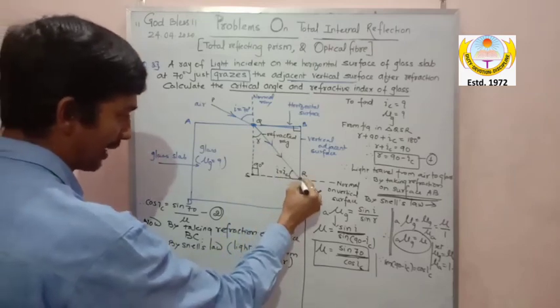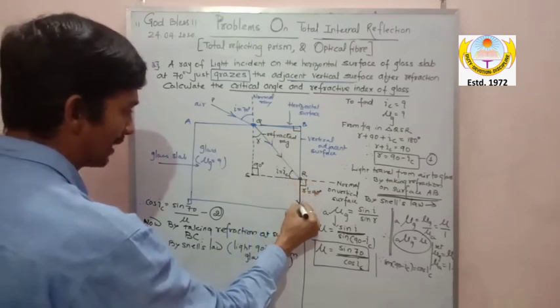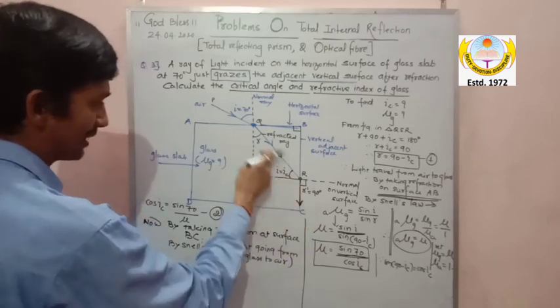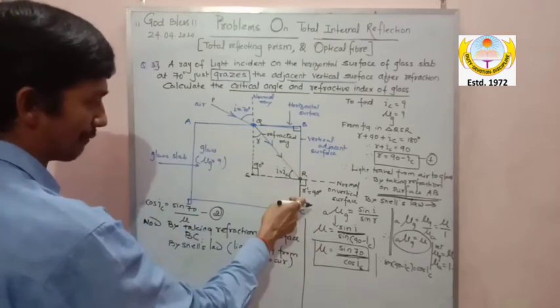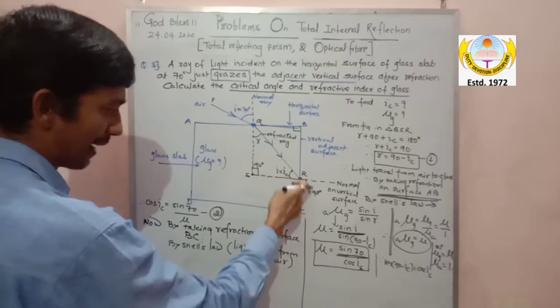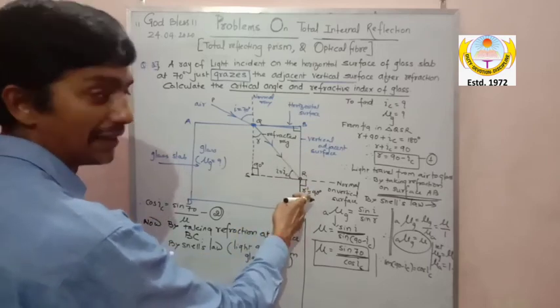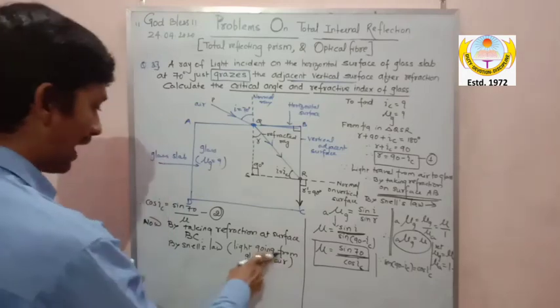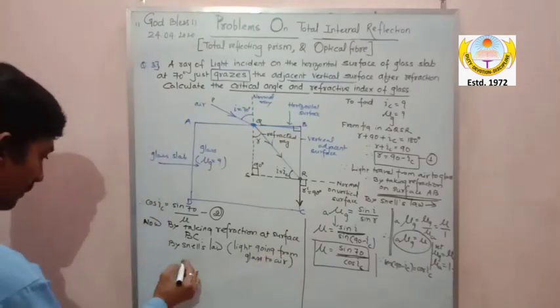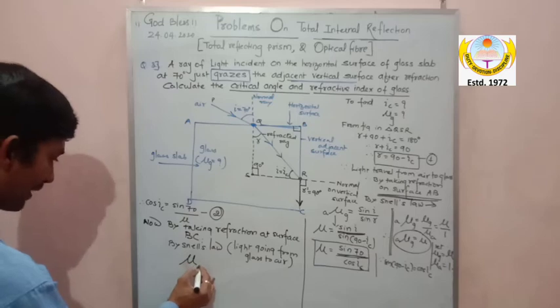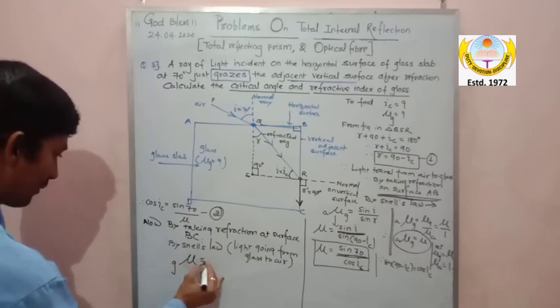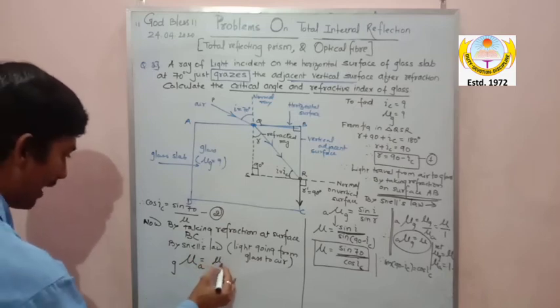This refraction is glass to air. I have told in my theory class that this is the incident ray in glass for this surface. But this is a refracted ray, no doubt it is coming on the surface of glass only, but this is a rarer medium. So here light is going from glass to air, so the refractive index is mu of air upon mu of glass.